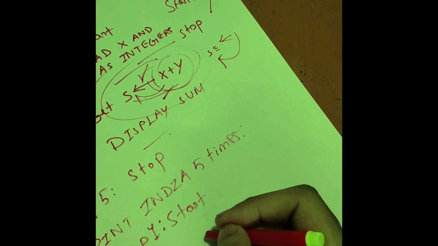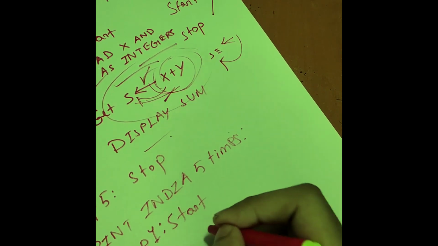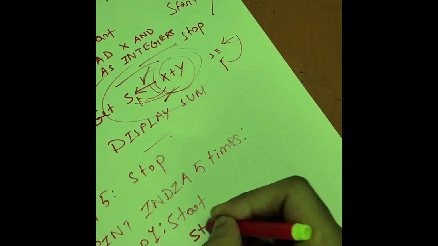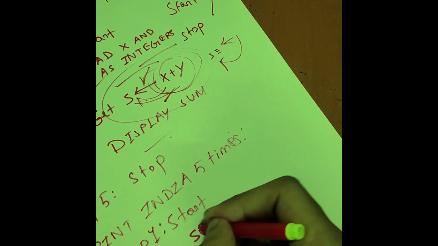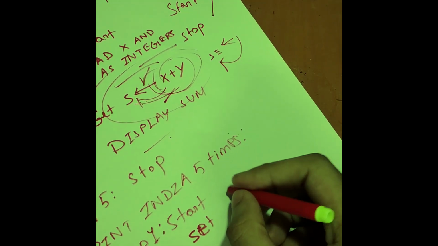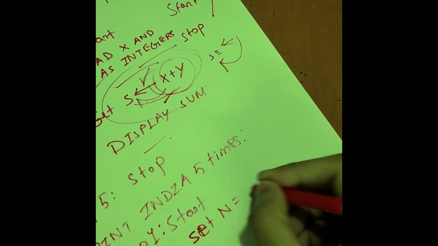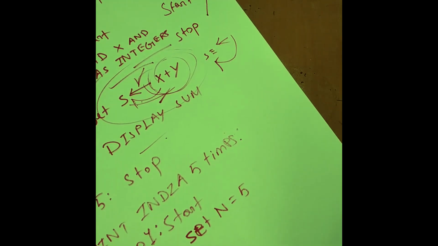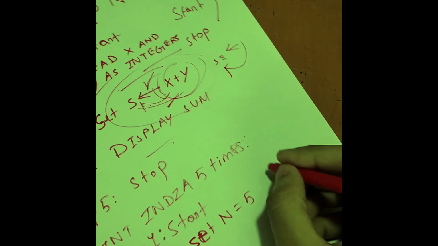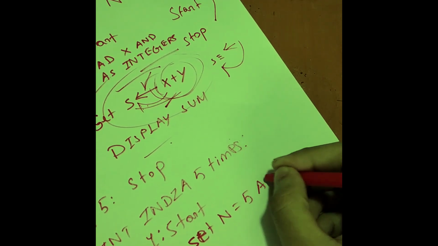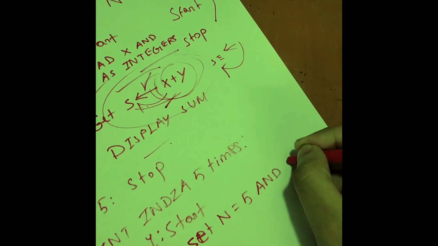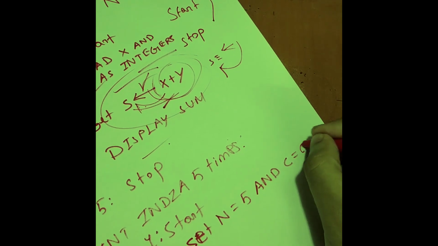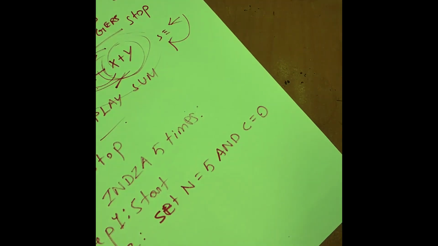So we can do this: set n equals 5 and c equals 0, like we did in the flowchart.